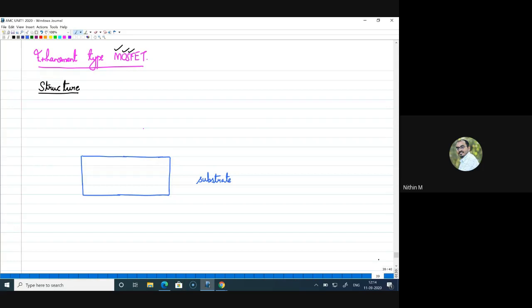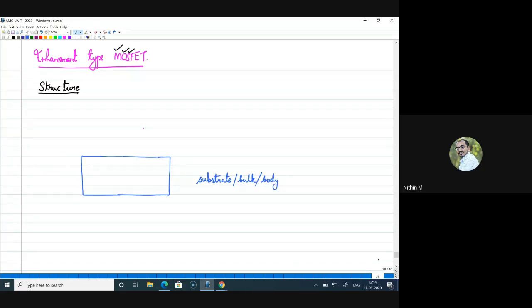And this substrate acts as the place over which I can actually fabricate my device. So here I am looking at a MOSFET device, and this substrate acts as the base layer where we fabricate the entire device. So for that reason, the substrate is also called bulk, or we call this body also.